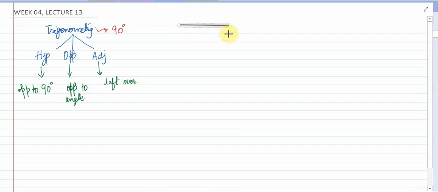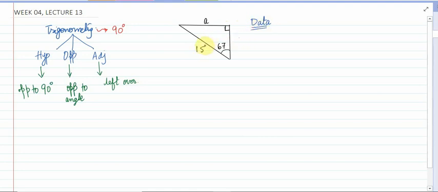So the question says you have a right angle triangle. Yes, so that is your right angle triangle. The side is A, angle is known, that is 67, and this side is 15. You need to find the value of A. The first thing we had studied is that you need to write the data first.